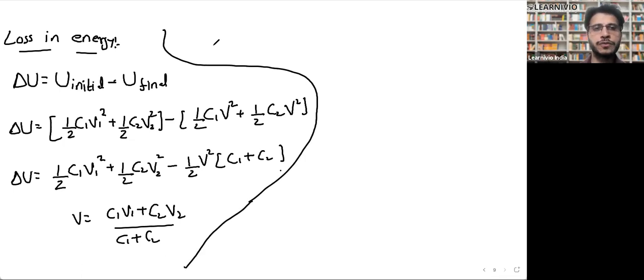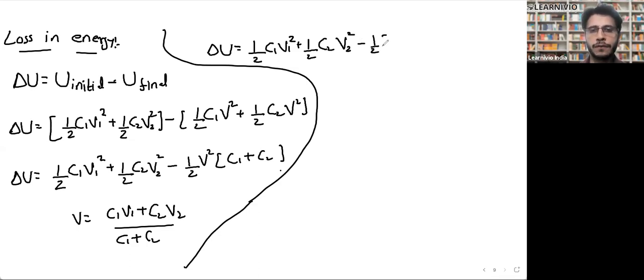When we substitute these values, I get delta U as half C1 V1 square plus half C2 V2 square minus half C1 plus C2 into V square, and V is C1 V1 plus C2 V2 over C1 plus C2, whole square.